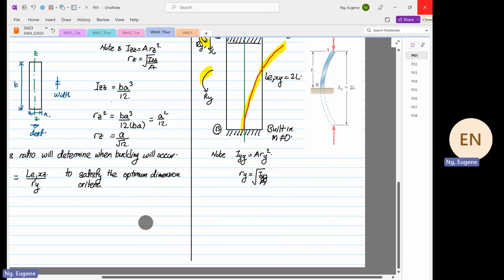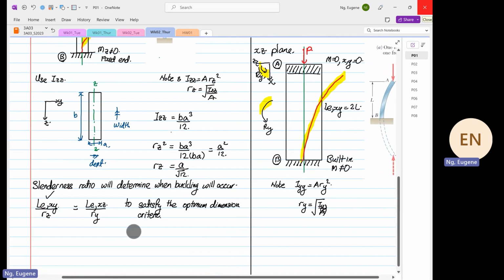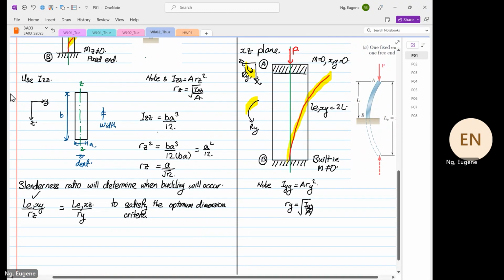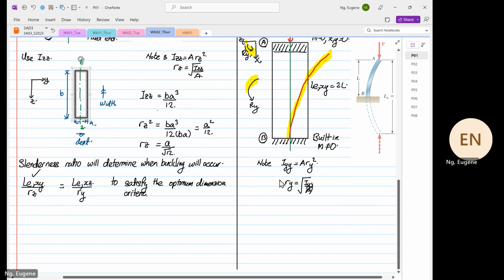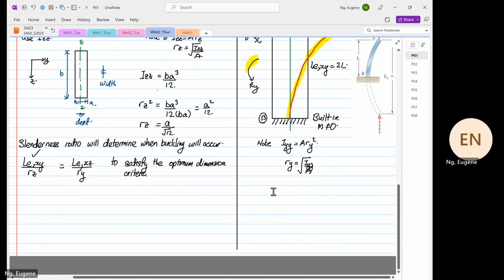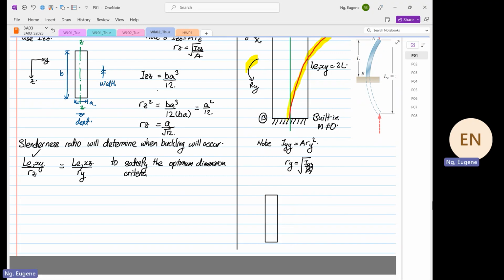Again, I'm going to use the same image over here. We're going to look at the plan view. I think I'll just sketch in another one. So this is our Y. This is our Z. Now we are going to focus on YY.